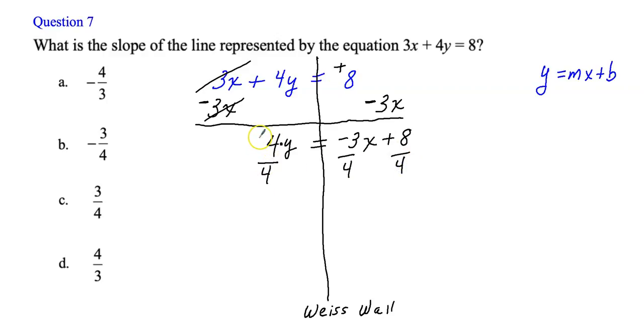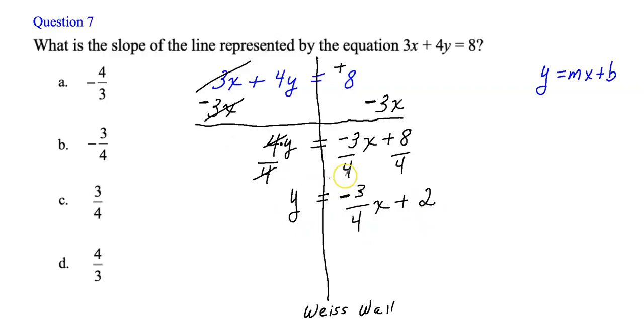Remember, when you divide, you don't switch the signs here. They stay the same. And the 4 divided by 4, well, that just drops off, and I'm left with y. I'll bring that down. Bring down my equal sign. Bring down my negative 3/4 x. Bring down my plus sign. And 8 divided by 4 is 2.